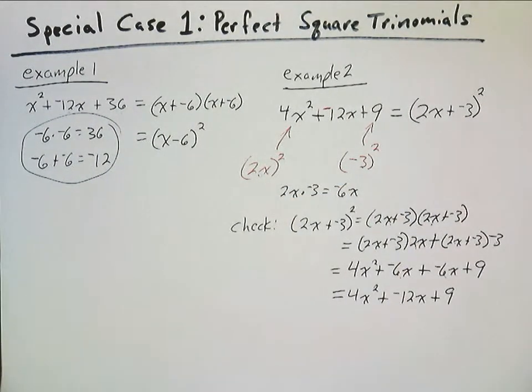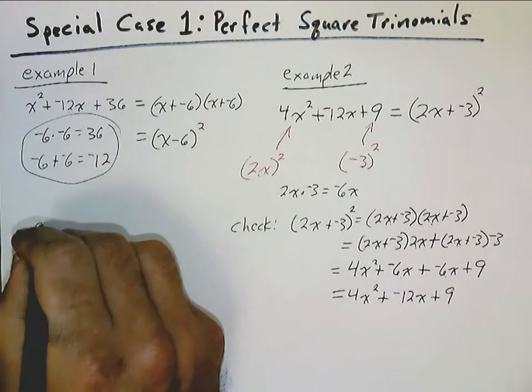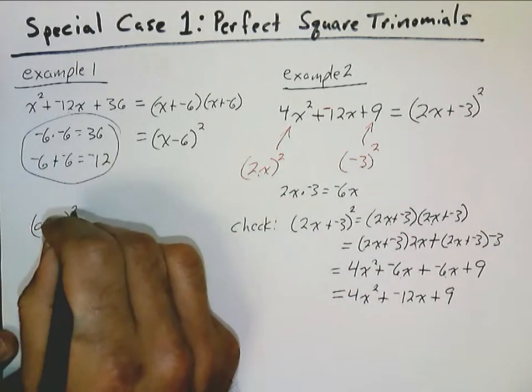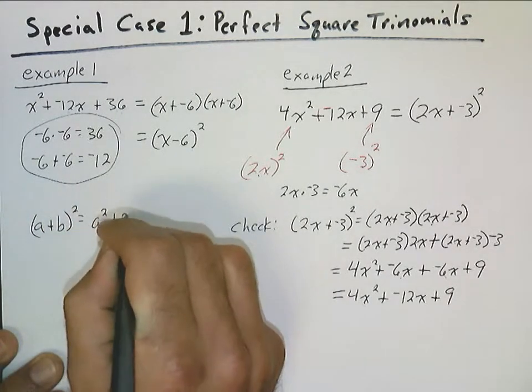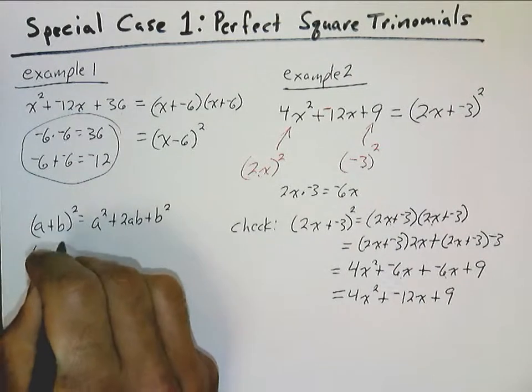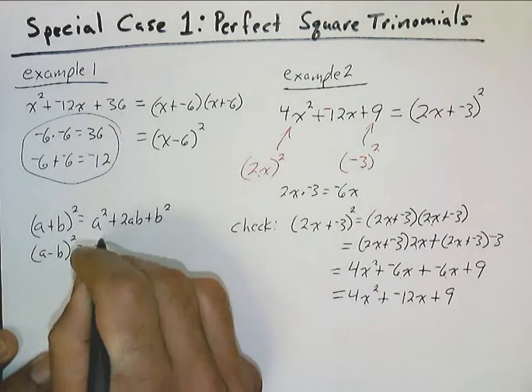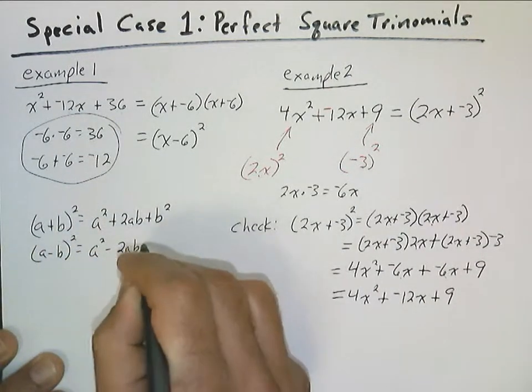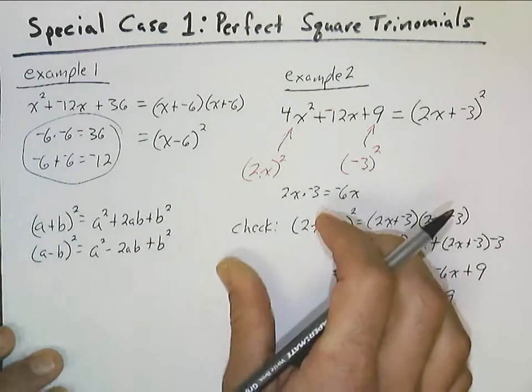That's what we wanted. The whole big idea here, and we've seen this before, is that a plus b quantity squared is a squared plus 2ab plus b squared, or a minus b quantity squared is a squared minus 2ab plus b squared.